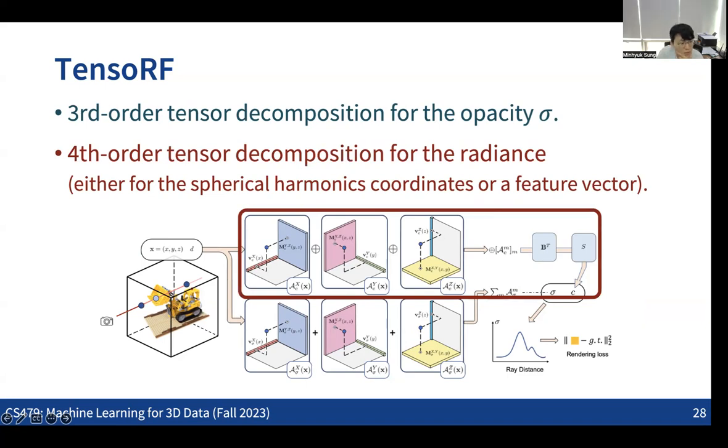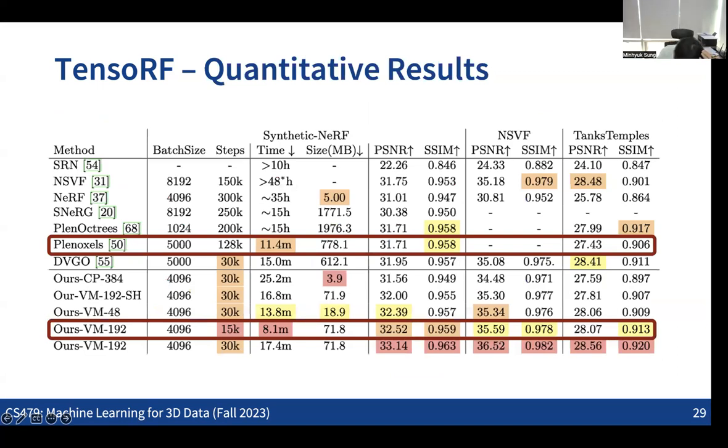And when we do this kind of compression, what we can see is that compared to Plenoxels, it becomes much faster because the number of parameters is reduced a lot.